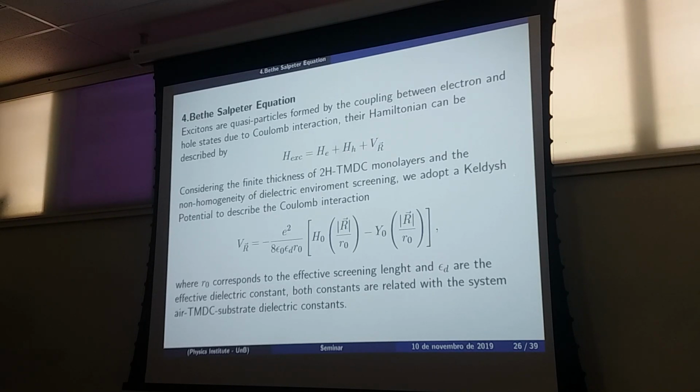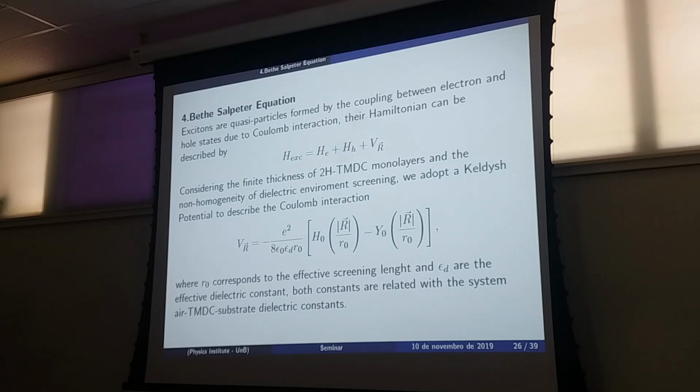So now we talk about the Bethe-Salpeter equation, after we put everything together to get the spectrum. The exciton Hamiltonian is very simple. It's the electron Hamiltonian plus the hole Hamiltonian plus the Coulomb interaction. For this Coulomb interaction, we need to use a Keldysh potential because of the non-homogeneity of the electrical environment, because I have a monolayer with some substrate here and vacuum.